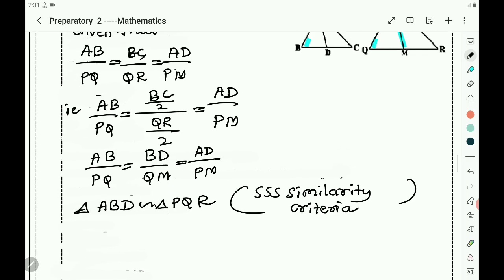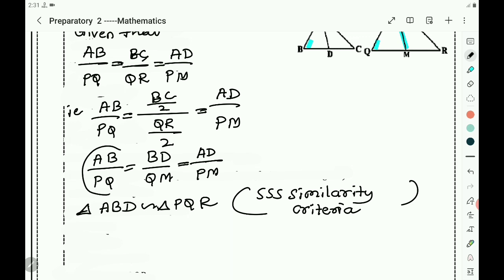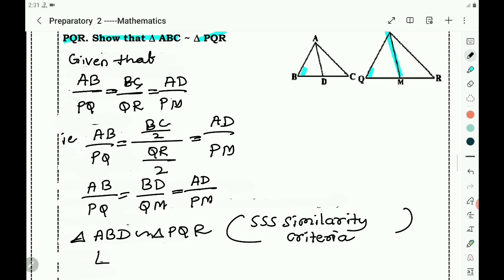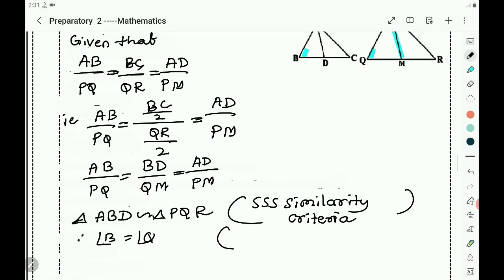Similarity criteria. Now here you have AB by PQ equals BC by QR, that is given, and by this you can have angle B equals angle Q. Therefore, angle B equals angle Q. You know that corresponding angles of similar triangles are equal.